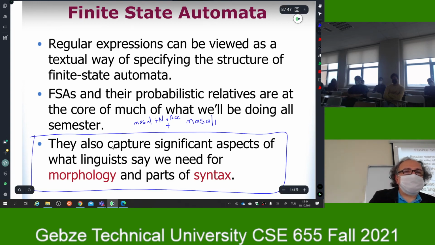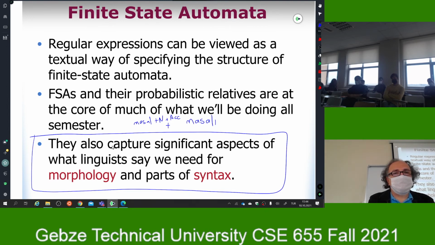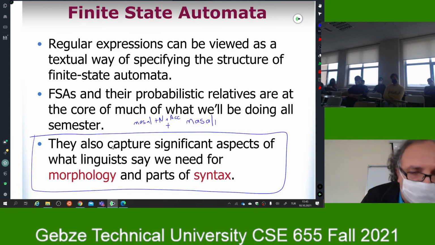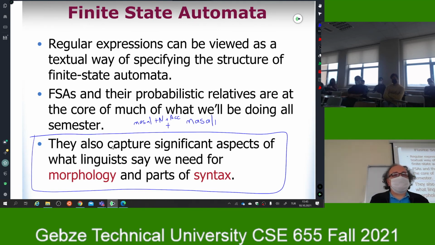Those kind of regular expressions can be viewed as a textual way of specifying structure of finite state automata, and finite state automata will be our basic tools to study the structure of the words, or it is called morphology. Okay, morphology is the study of the structure of the words.